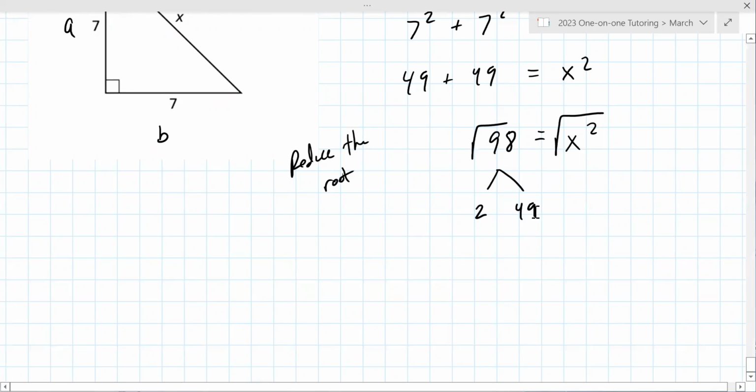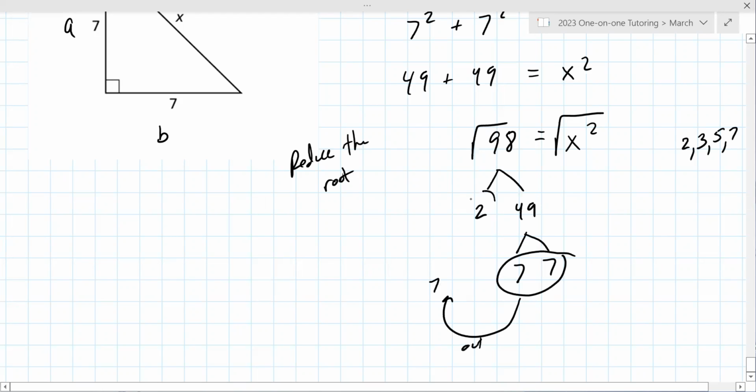Is 49 divisible by 2? No, doesn't work with 2. You try 3, doesn't work with 3. 5, it doesn't work, but it does work with 7. 7 times 7 gets you back there. So you bring a 7 out, but the 2 stays in.